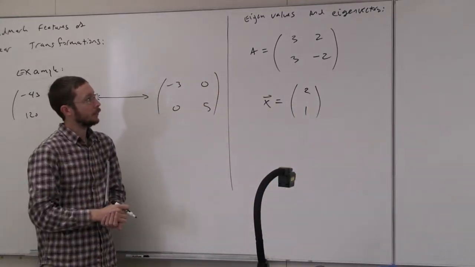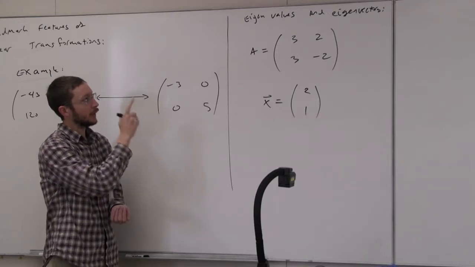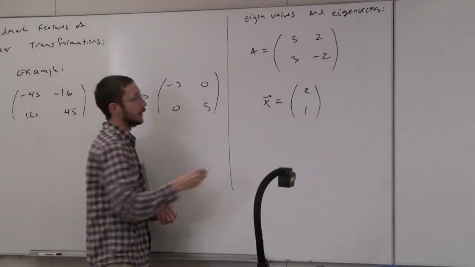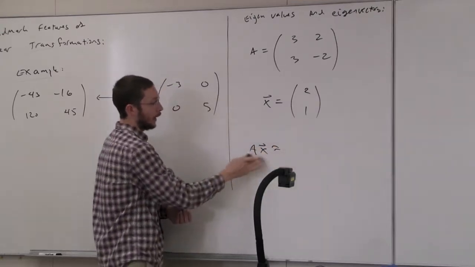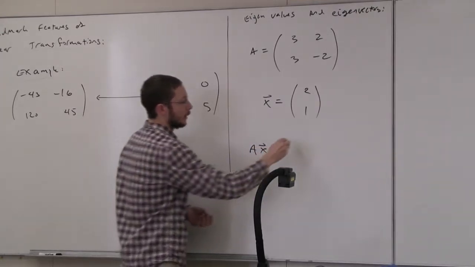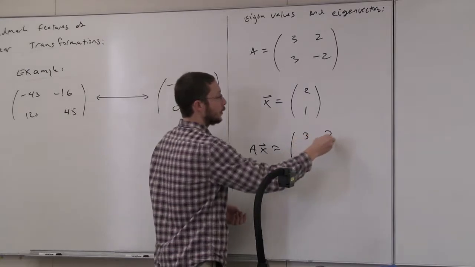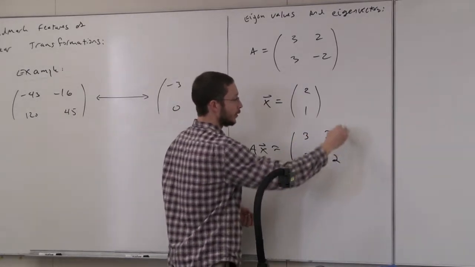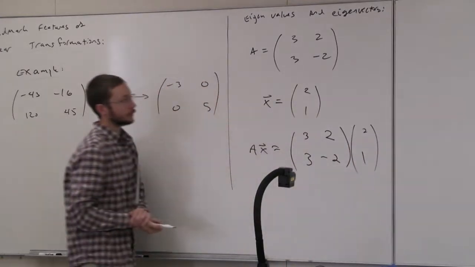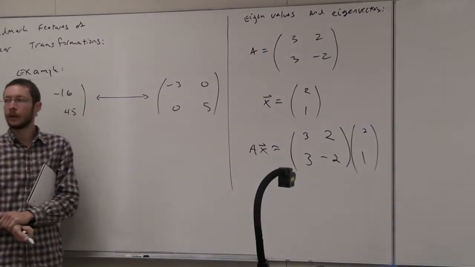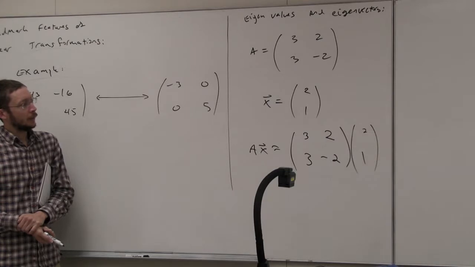Then this vector and this matrix are closely related, in the sense that if you consider A times that vector, we get [3, 2; 3, -2] times the vector (2, 1).